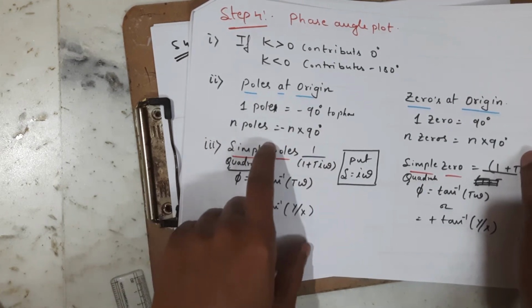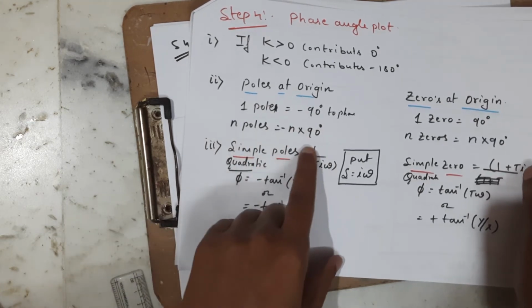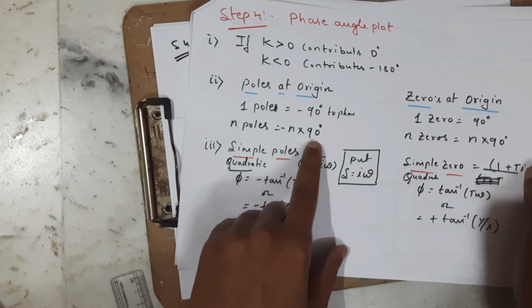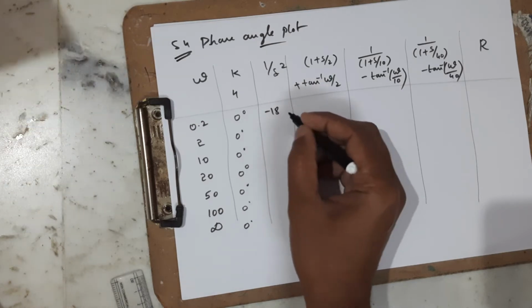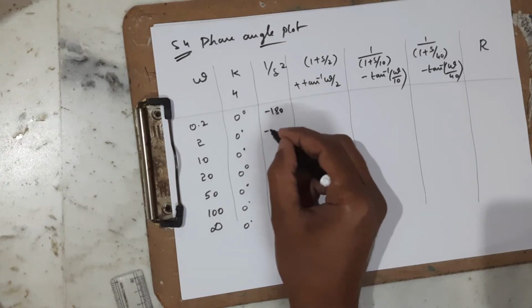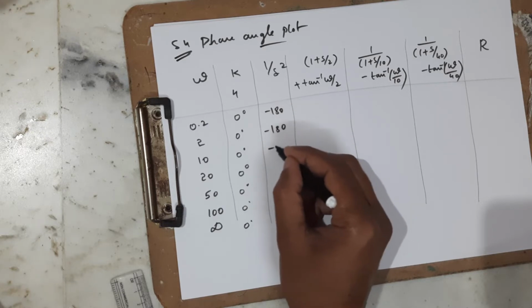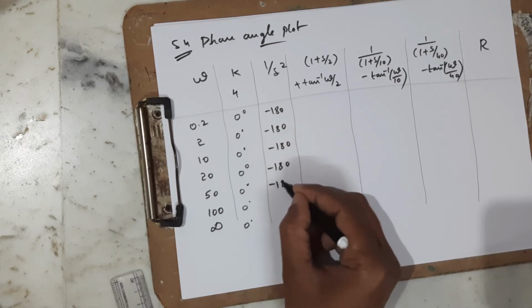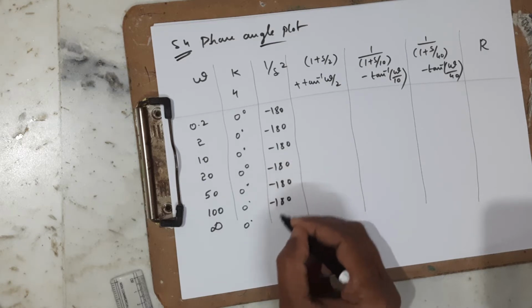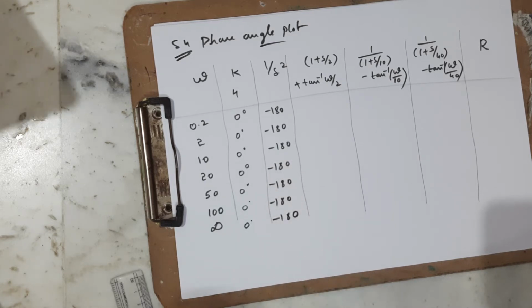In this case we have 2 poles, therefore the contribution will be n times 90, that is minus 180 degree. So for all the values of omega it contributes minus 180 degree.